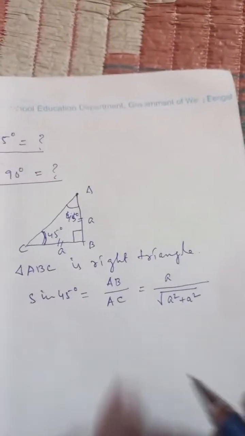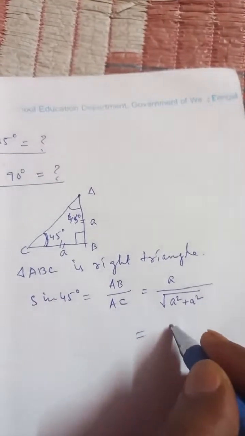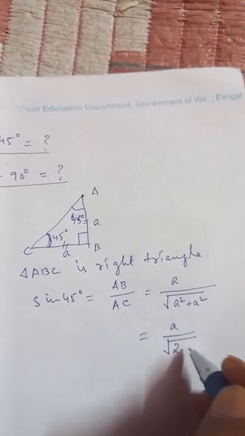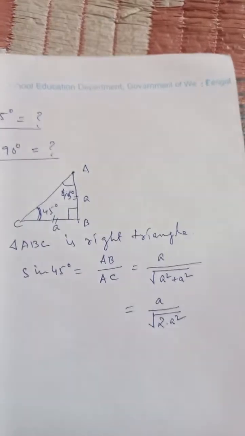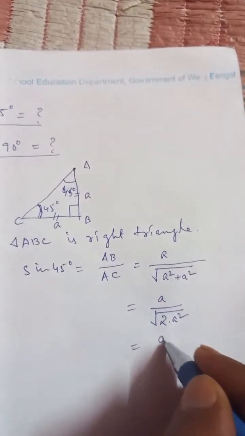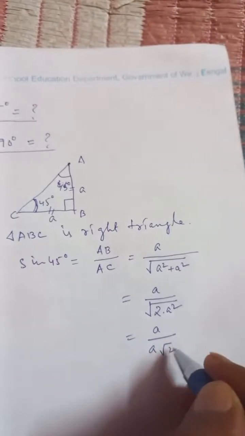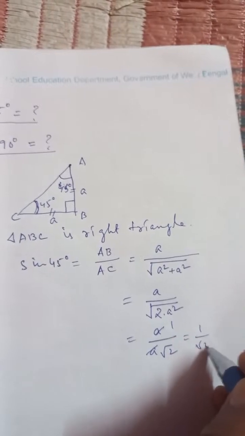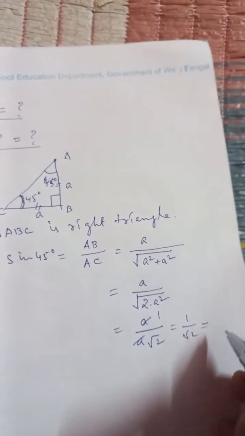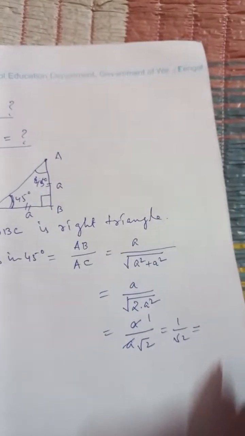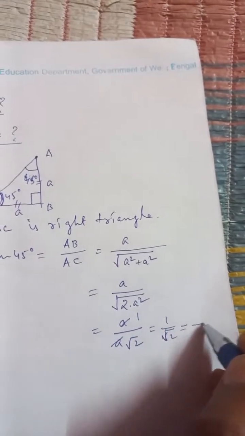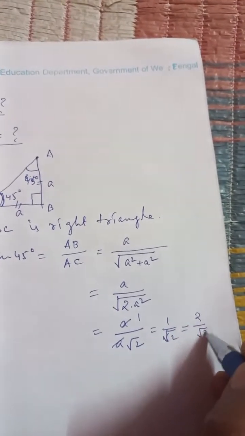This will be root over 2A square. This will be A by A root 2. We will get 1 by root 2. After rationalizing the denominator, we will get root 2 by 2. So this is the value of sin 45 degree.